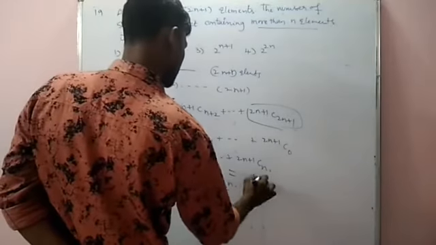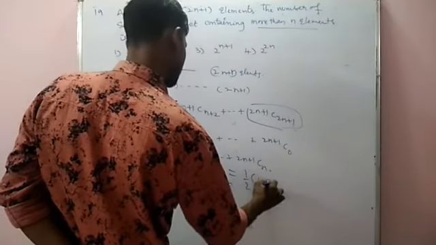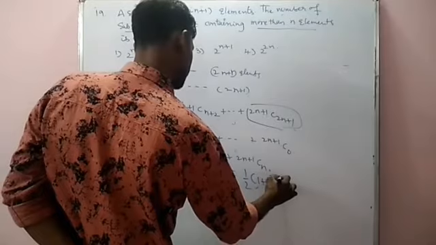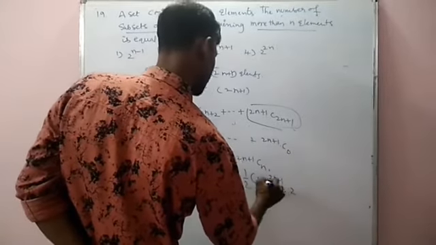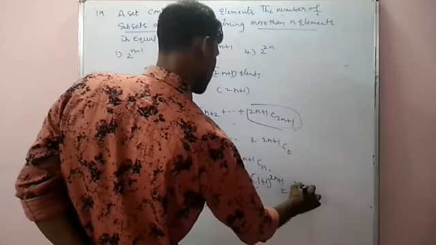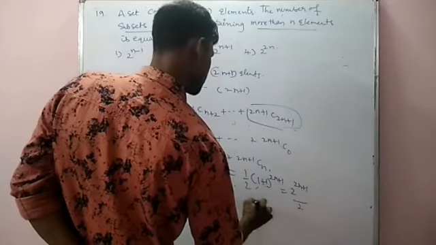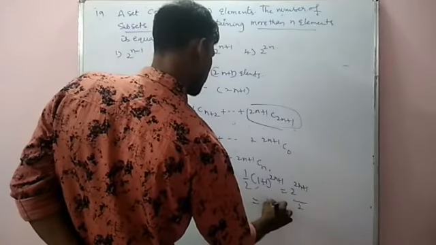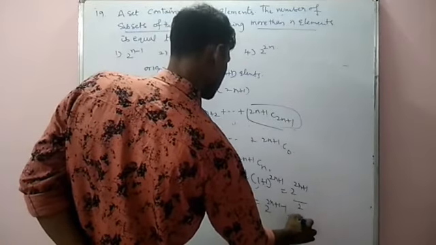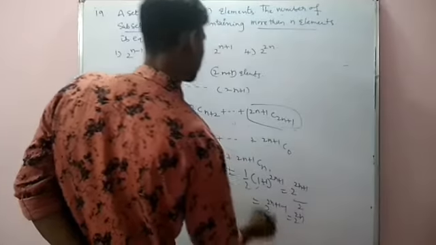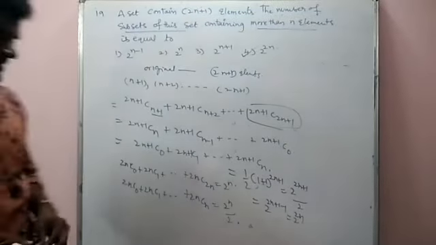This one we also write as half of (1 plus 1) whole power 2n plus 1, which is 2 power 2n plus 1 by 2. Rewriting, 2 power 2n plus 1 minus 1 is equal to 2 power 2n only. My answer is the fourth option, 2 power 2n.